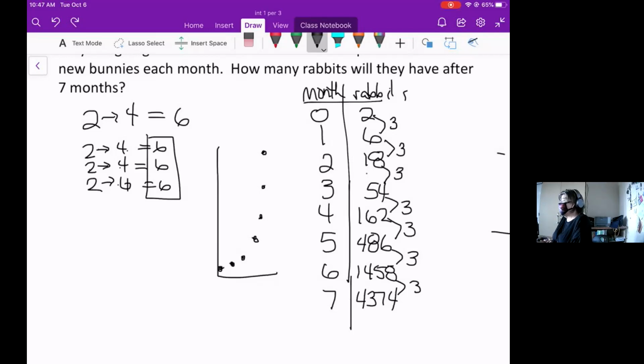What's an example of a measurement? Just in general, what's an example of a measurement? Money, yeah, money. You can have a decimal of money, right? Time. Time is a measurement, like 3.5 minutes. What else?